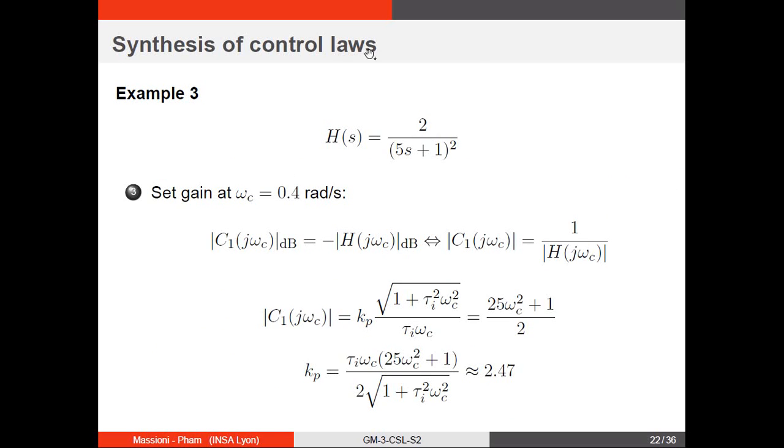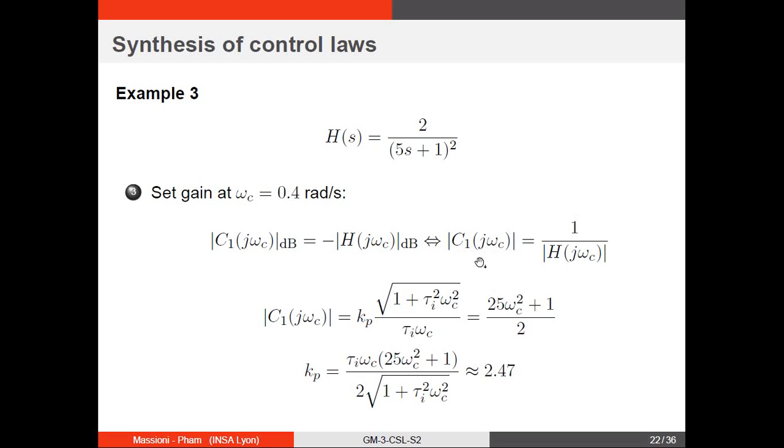Well, the modulus of L, which is the modulus of H plus the modulus of C in decibel, or otherwise the modulus of H times the modulus of C in units, has to be 1, which means the modulus of C at omega C equals the modulus of H at omega C to the power minus 1. The product of the two has to make 1, which means 0 dB. So that's how it has to be.